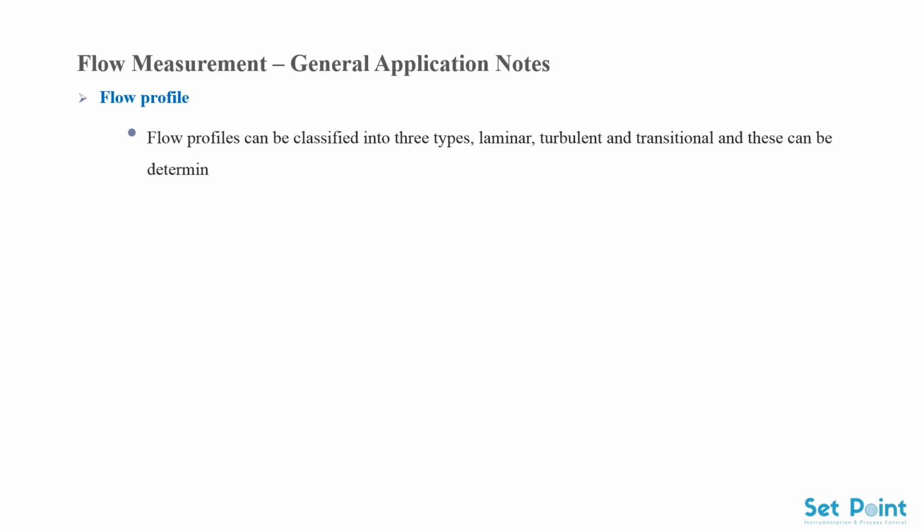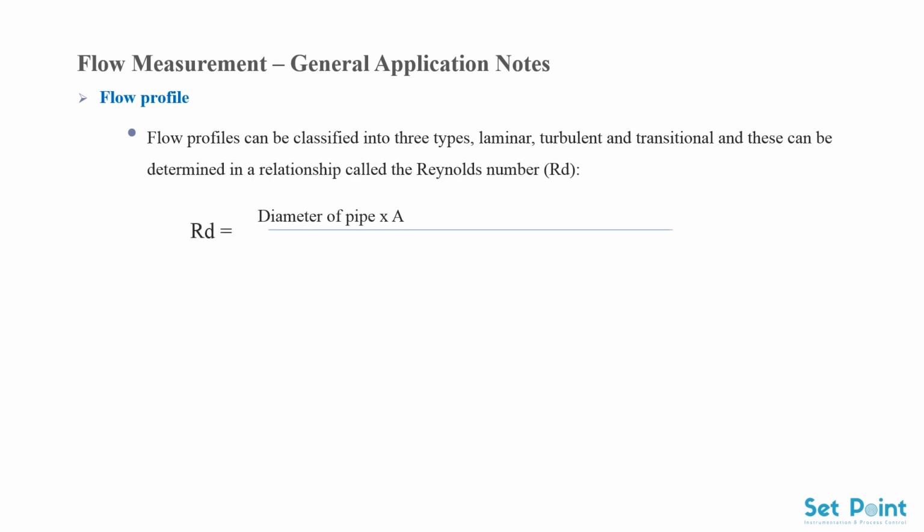Flow profile. Flow profiles can be classified into 3 types: laminar, turbulent and transitional, and these can be determined by a relationship called the Reynolds number, RD. RD equals diameter of pipe multiplied by average flow velocity multiplied by density of fluid, divided by absolute viscosity of fluid.